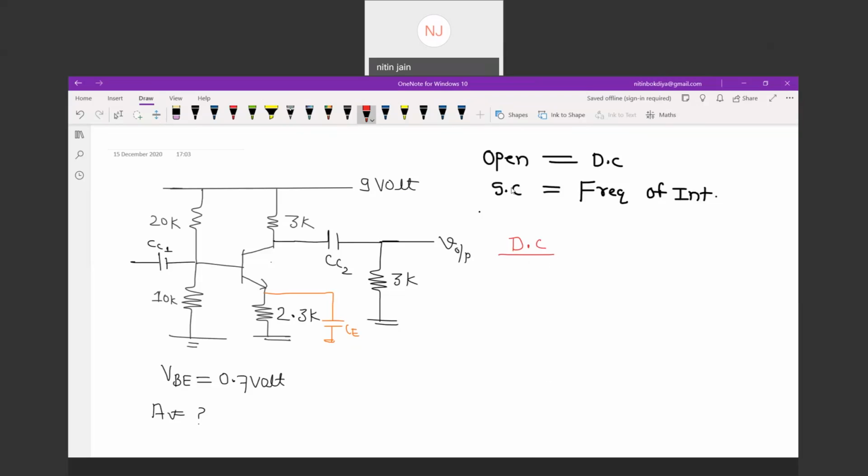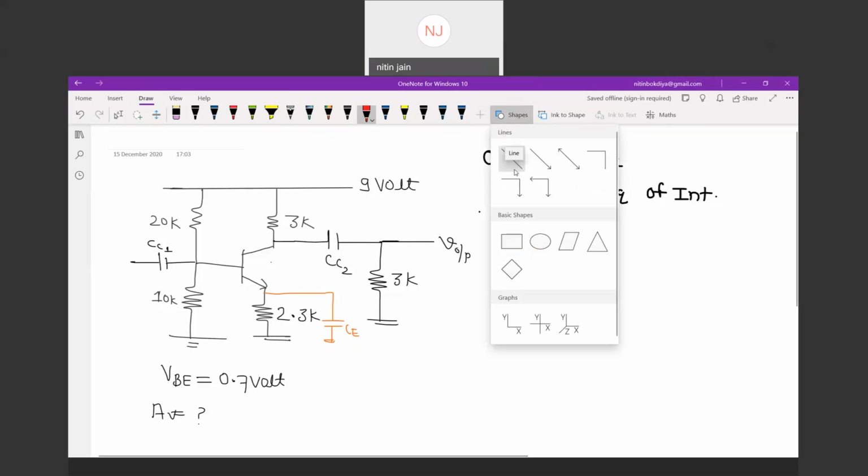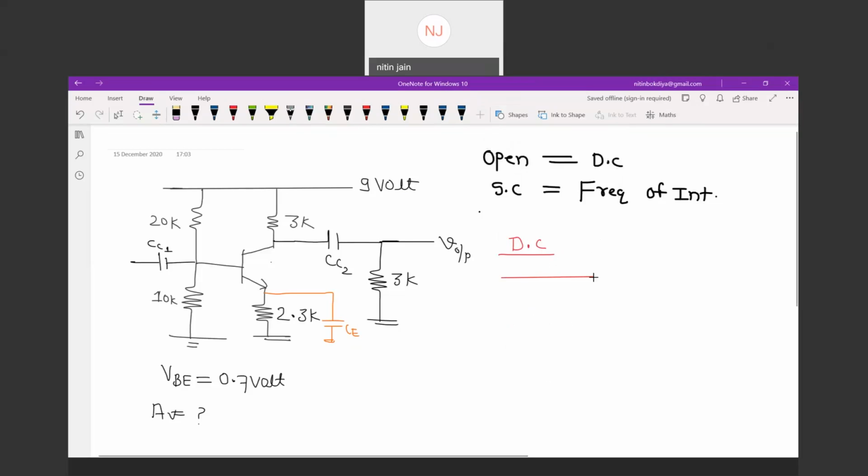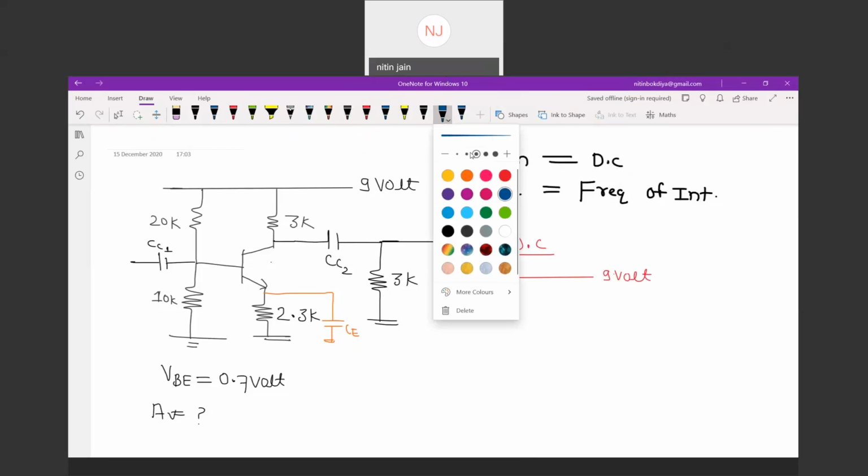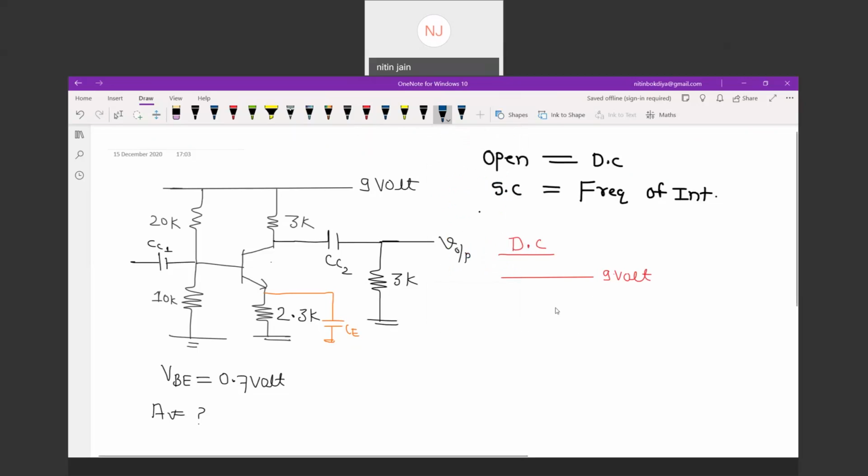So this is 9 volt. Then we are having one capacitor, then one resistor.